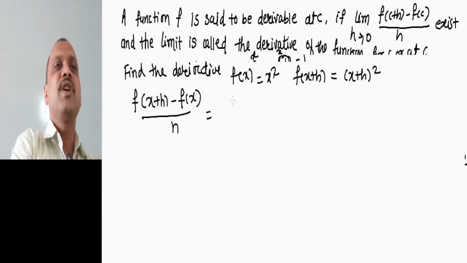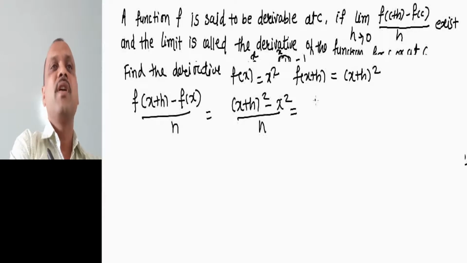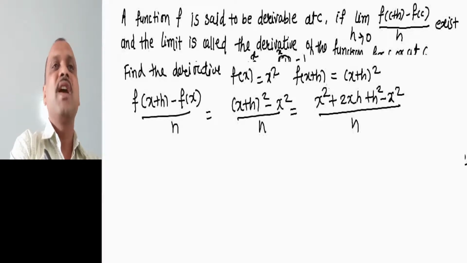So, let us put here x plus h whole square minus x square divided by h, which equals x square plus 2xh plus h square minus x square divided by h. You can see that x square cancels, and again we have h common. So, 2x plus h, and h cancels.